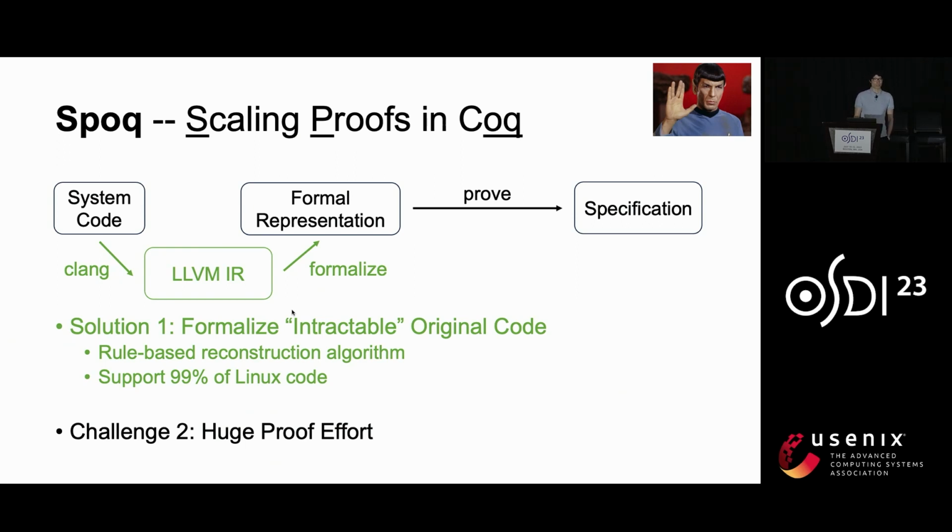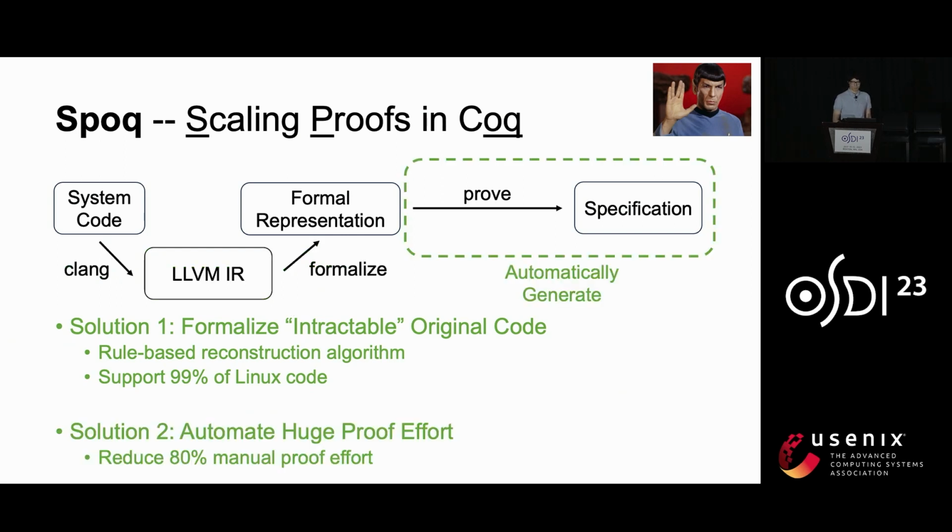With a rule-based reconstruction algorithm, we can support over 99% of the code from the Linux kernel. And Spoq also greatly reduces the manual proof effort by automating the spec definition and the proof. In our test, Spoq reduced manual proof effort by about 80%.